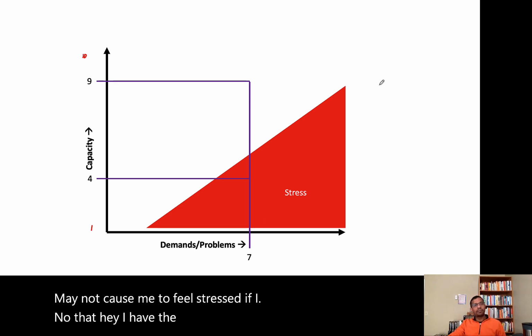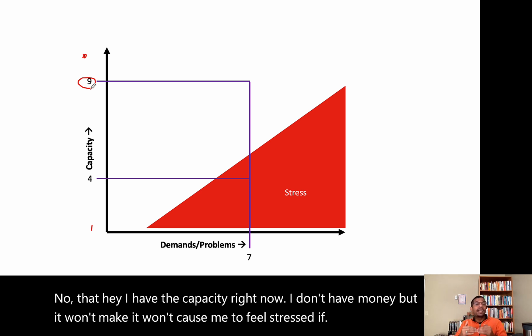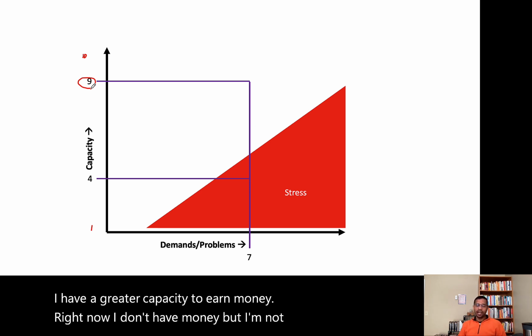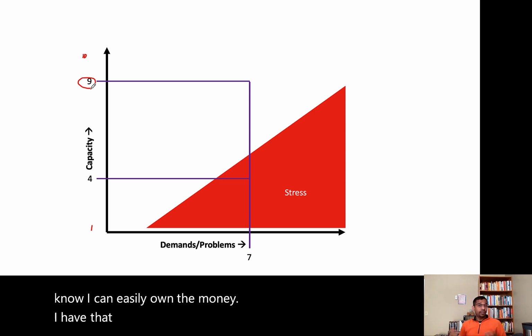Right now I don't have money, but it won't cause me to feel stressed if I have a greater capacity to earn money. Right now I don't have money, but I'm not worried because I know I can easily earn the money. I have that capacity. Then will it cause me as much stress? It won't.